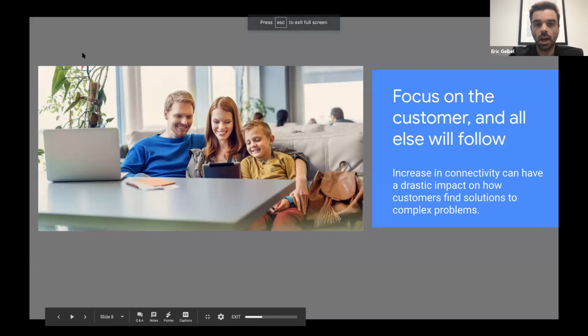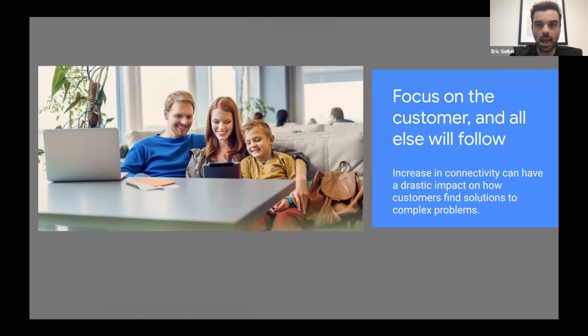Appreciate it. So ultimately, at the end of the day, as a business owner, or as a key marketer at an energy and utility company, what you should be focusing on is the customer. Google firmly believes that you should focus on the customer and all else will follow. If you think about your daily lives, there's a massive increase in connectivity, whether it's a mobile device, a smart home, or a smart speaker.